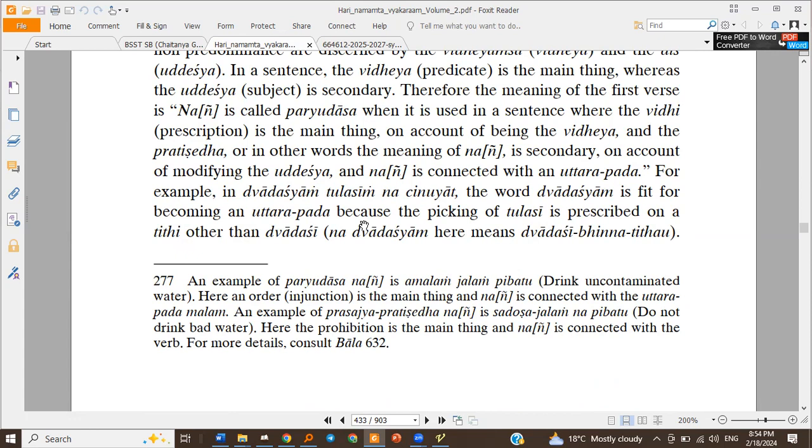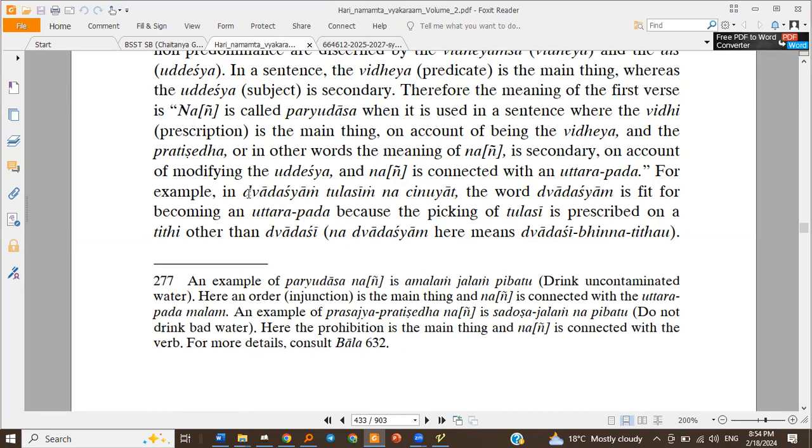One of the six usages of Nai is Tad Anyatva, the third one, which means being different than that. Now, Tulsi should be plucked on tithis other than Dwadashi.